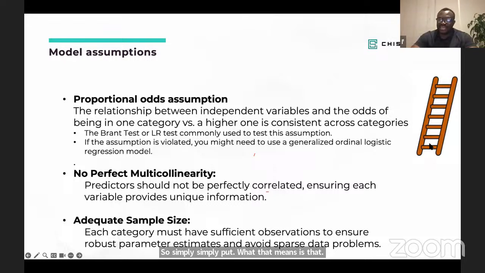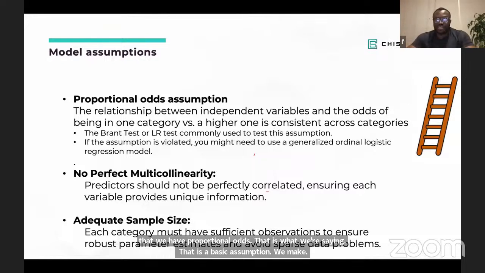We are saying that the step from here to here is the same as the step from here to here. That's the same thing as saying there's no difference between this guy and this guy versus this guy and this guy versus this guy and this guy, right? So we have proportional odds. That is a basic assumption we make when we use ordinal logistic regression.